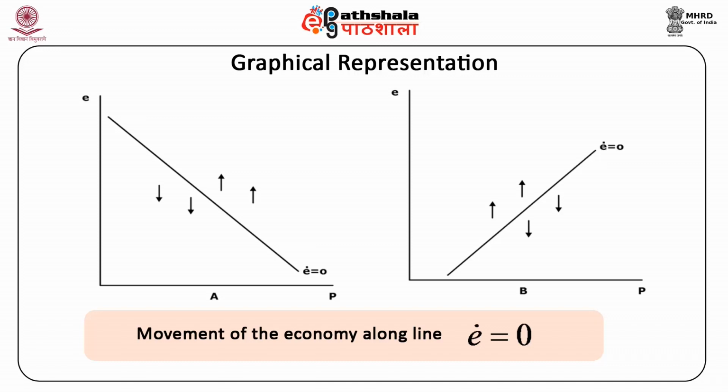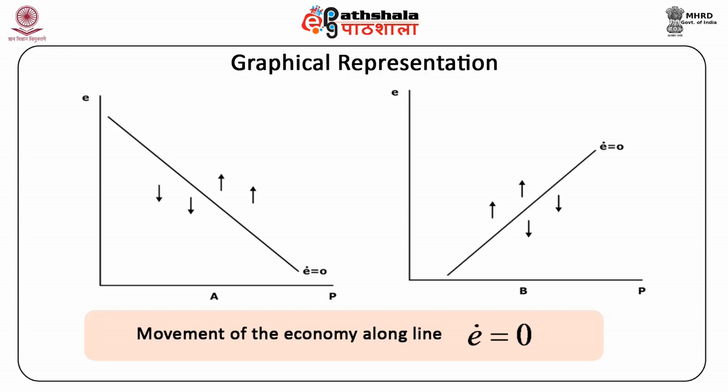Excess money demand over money supply would raise the domestic interest rate relative to the world interest rate, or i is greater than i star. To maintain the interest parity condition and due to perfect capital mobility, the exchange rate would depreciate further, or e dot is greater than 0.